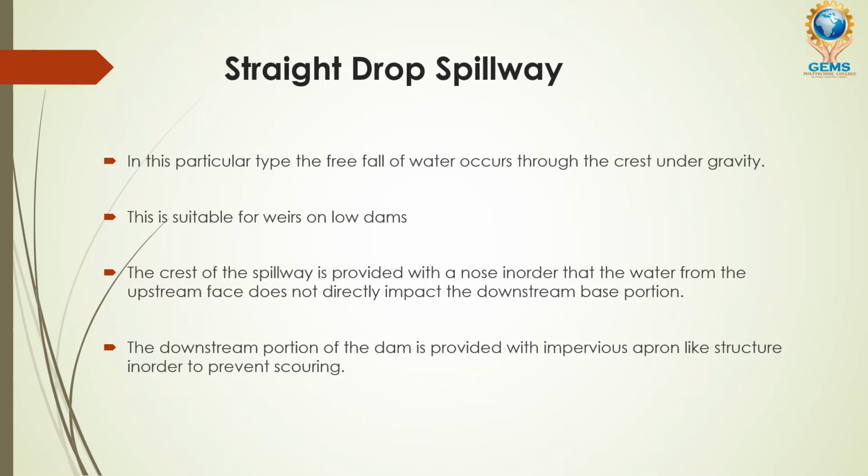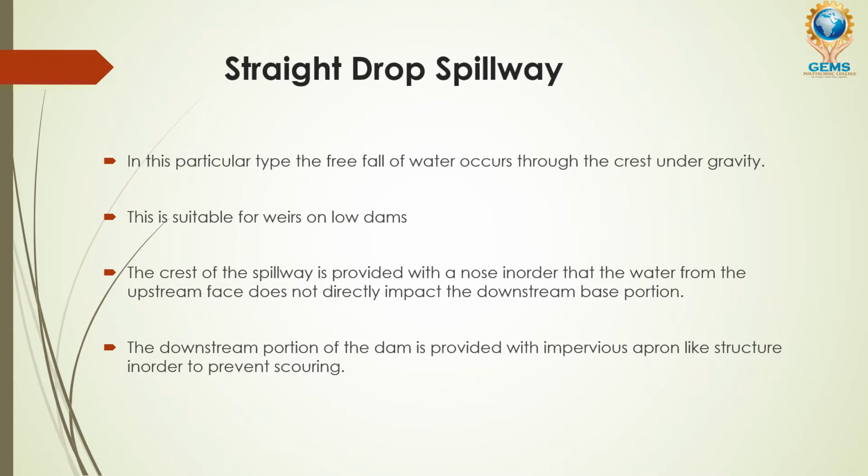So that the water will come and flow over the top or crest portion, and then come to the downstream side. It is an advantage of this straight drop spillway. The fourth point is that the downstream portion of the dam is provided with impervious apron structures in order to prevent scouring. You know what scouring is?